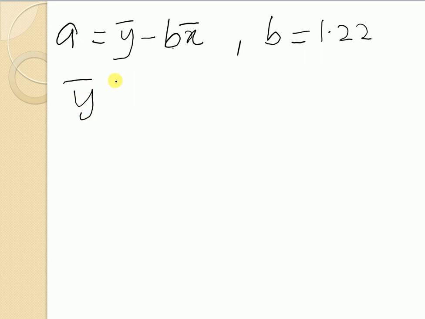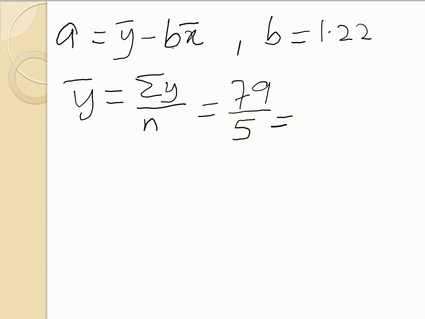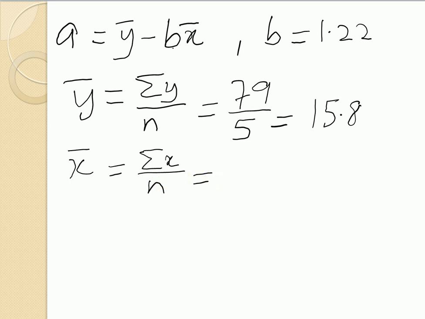Y bar then is equal to the sum of the y values divided by the number of y values, which is equal to 79 divided by 5, equals 15.8. X bar, the average of the x values, is equal to the sum of the x values divided by the number of x values, 60 divided by 5, and we have 5 x values. This is equal to 12.